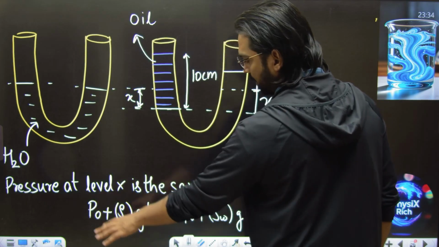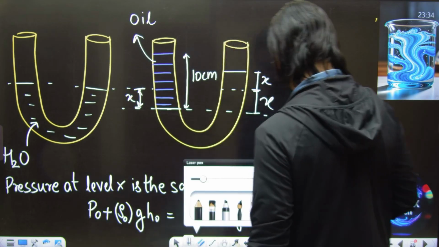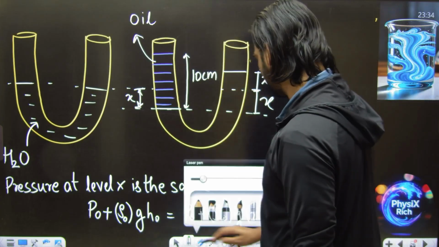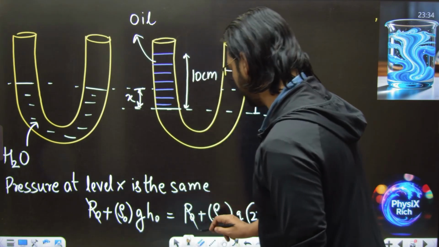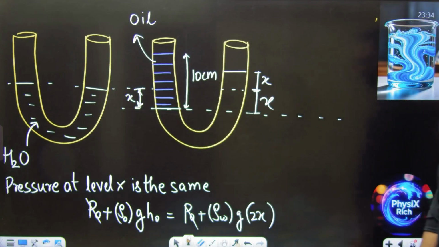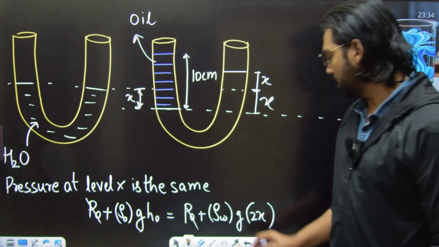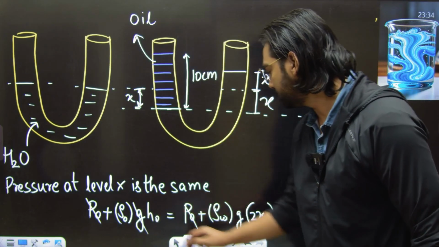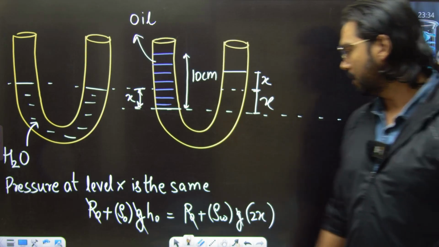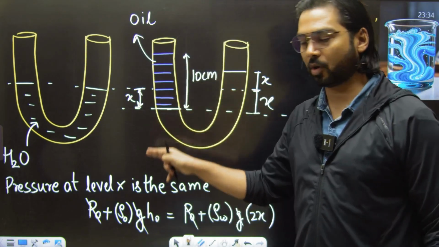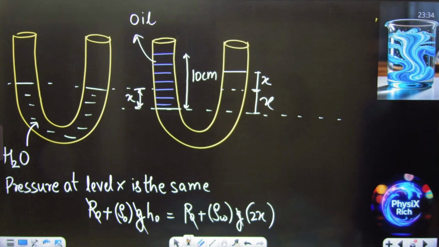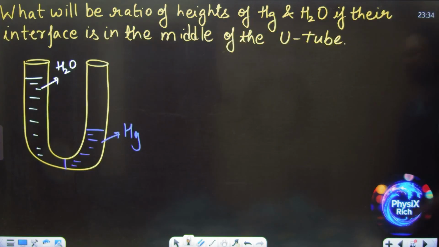So this P naught is going to get cancelled, and g will also cancel. Rho O is the density of the oil which was given to you, and h O is the height of 10 centimeters. And we are supposed to find out x.